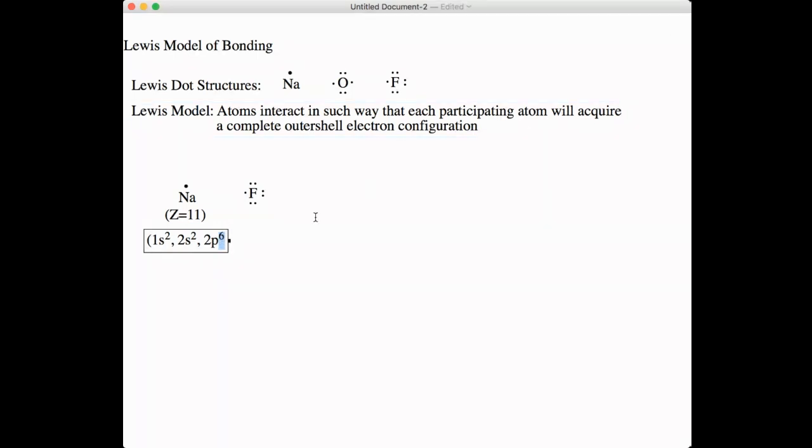What else? What am I missing here? So 1s2, 2s2, 2p6, and 3s1. So that's the 11. The 3s1 is separate because it's in a whole new shell.